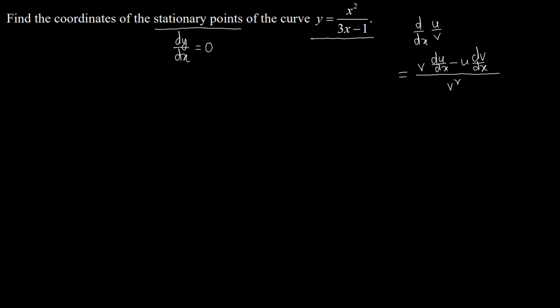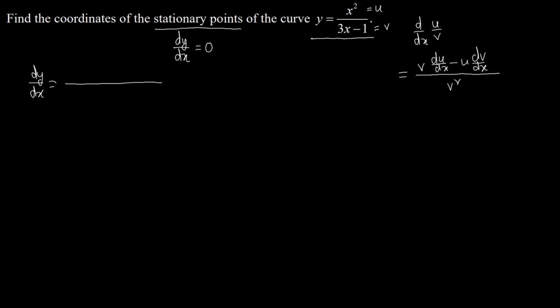Okay, we are going to apply that here. In this expression, let me write dy by dx. So our u is x square, we would consider as u, and v we need to consider as 3x minus 1.